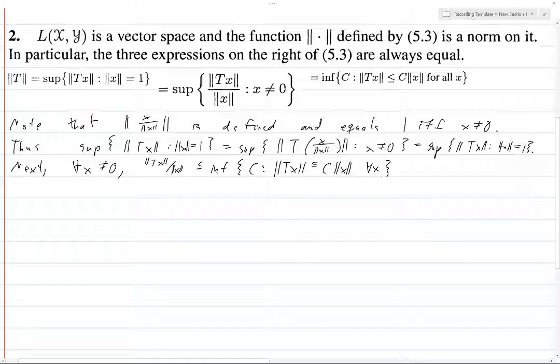And that's just by the definition, because this is going to be the infimum over all of these c's. If you were to bring this x over to this side, then you have exactly the thing on the inside here which holds.